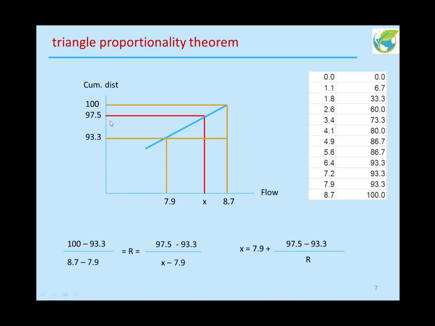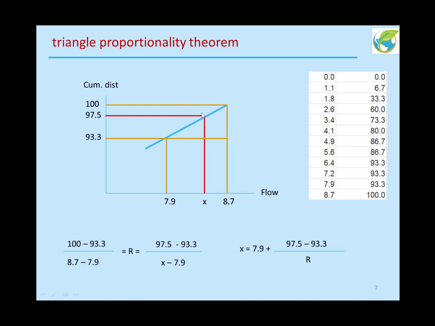And I need to now calculate what it is at 97.5. For that, at 100 I have 8.7, right? 100 is 8.7. The next, 93.3, is 7.9. And I want 97.5, which is x. So if you look at this triangle here and that smaller triangle, I can apply the same law.